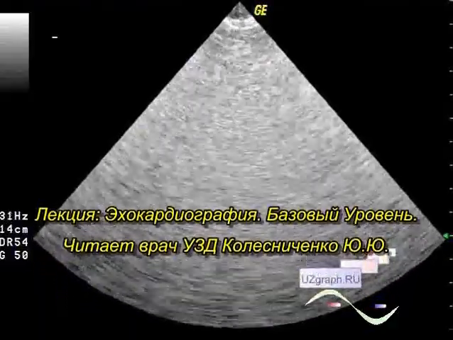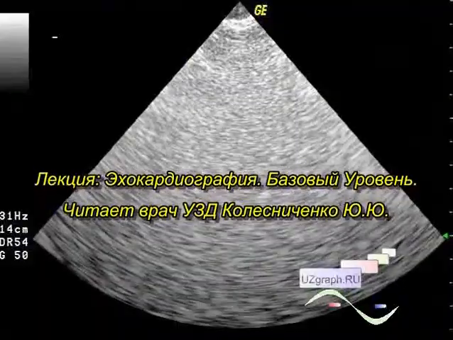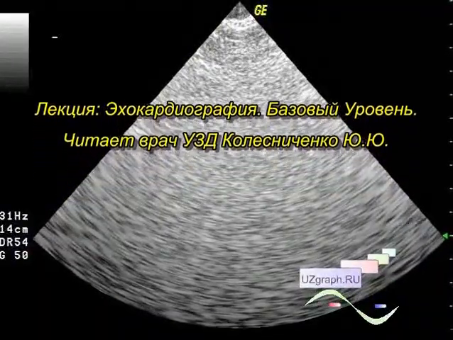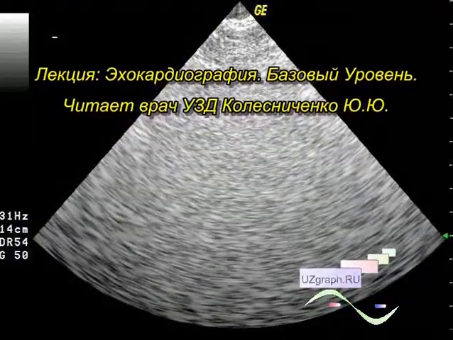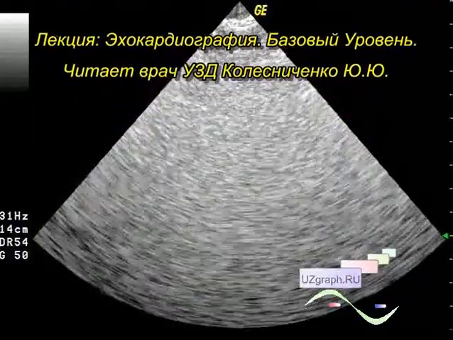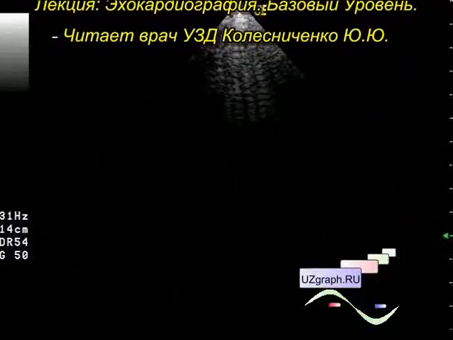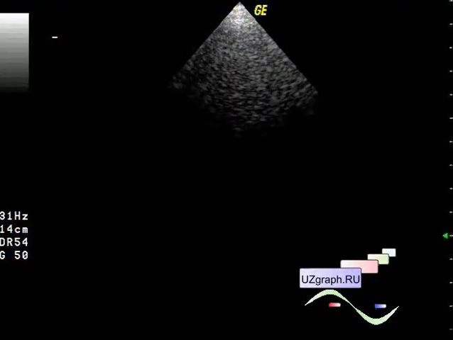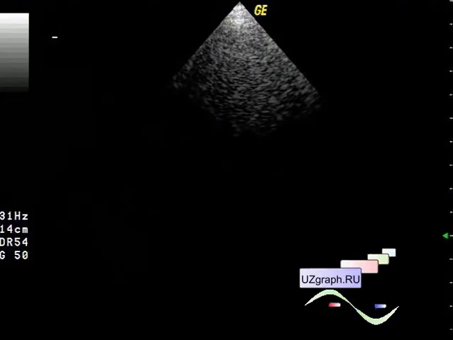Today it's a lecture about echocardiography, basic level. We will talk about basic measurements and positions. Often only several positions are used in practice.